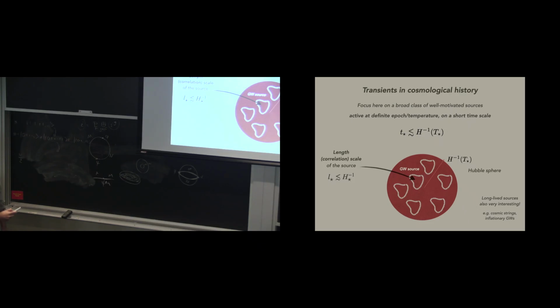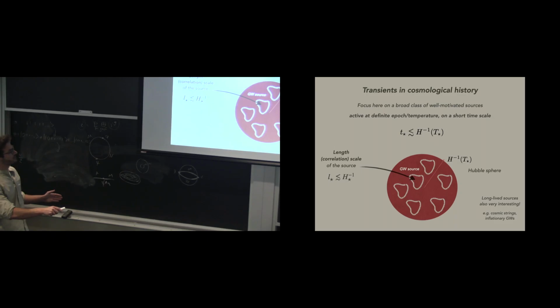So the idea is you have a typical time scale, T star, which is smaller than the Hubble time at a given temperature T star, and the source has a correlation length that is, by causality, smaller than the Hubble size, the size of the Hubble patch at that epoch T star. So that's kind of the picture. You have many sources inside one Hubble patch.